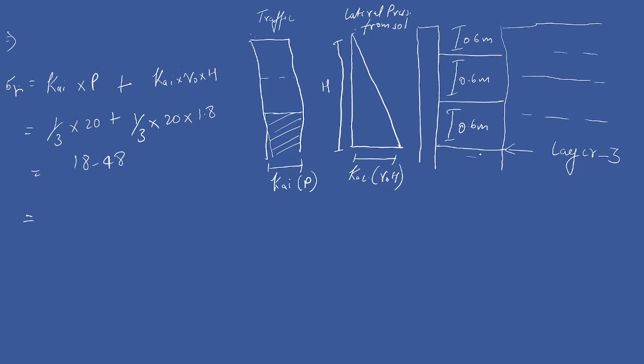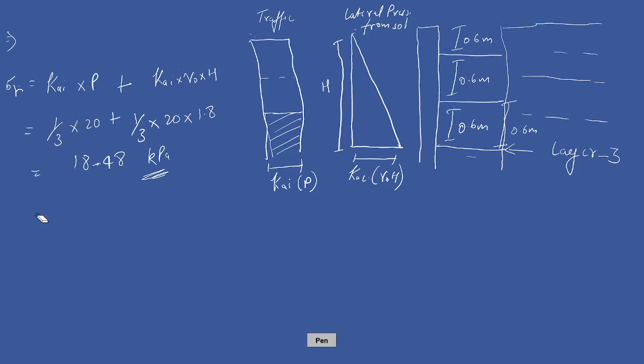So this is the total pressure acting here. Sorry guys, I was wrong with this. So 18.48 kPa is the total pressure acting here. And then if you want to calculate the load in this, we need to multiply with the tributary length available here, which is 0.6 meter.